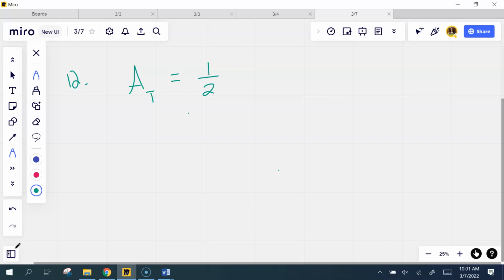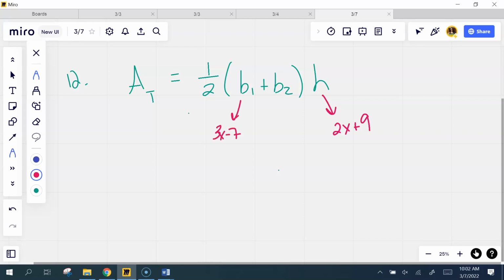Area of a trapezoid is 1/2 base 1 plus base 2 times the height. Okay, so now let's read through the problem. The height of a trapezoid can be expressed as 2x plus 9, while the bases can be expressed as 3x minus 7 and x plus 5.